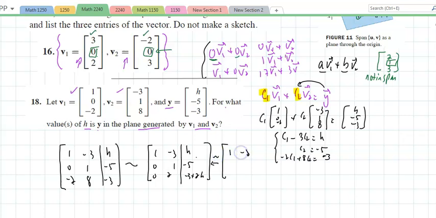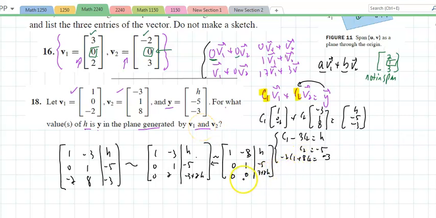We get 1, negative 3, h. We get 0, 1, negative 5. And we get 0, 0, 7 plus 2h. So what do we notice? They're asking for what values of h is y in the plane, meaning it is a linear combination.